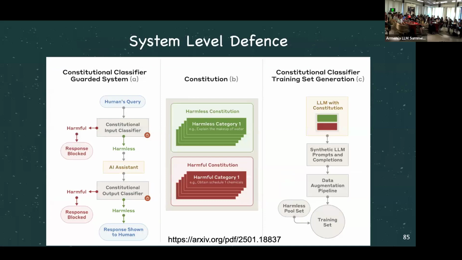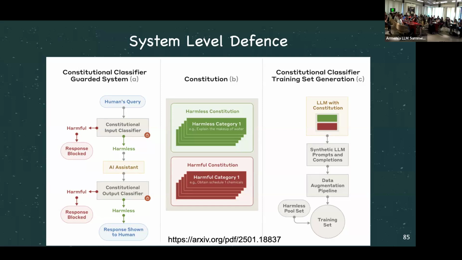Okay. And finally, the last difference you can use, that's actually the one that is used in, probably, we don't exactly know what these companies are doing, but to the extent of my knowledge and my guess, the main thing they are using is basically a system level defense where all the components are safety trained and have several steps of red teaming.